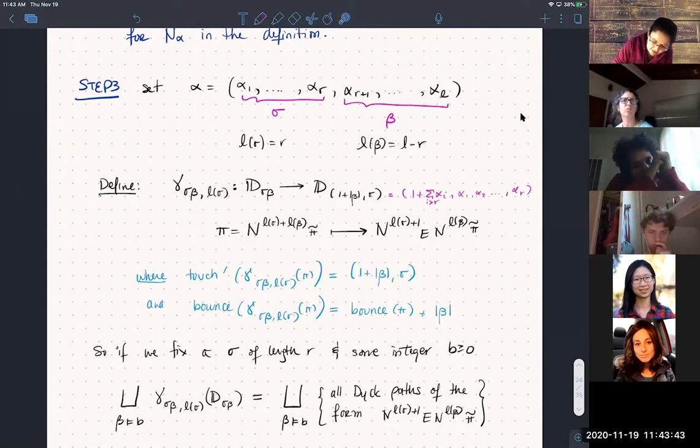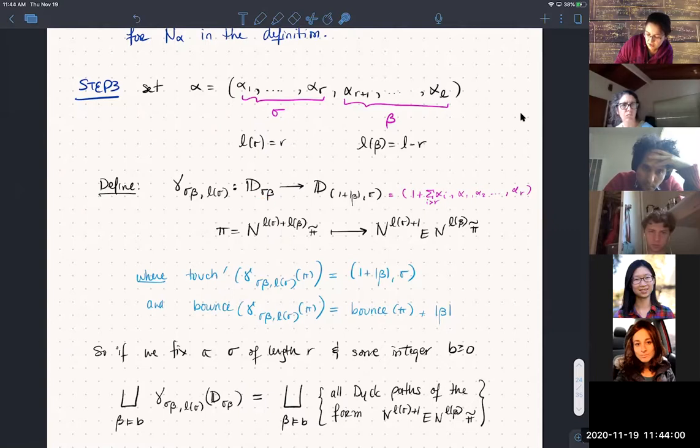And the way you're going to get this map is you're going to take a dict path here, which is precisely characterized by the fact that it starts with as many north steps as the length of the touch composition. So the length of this touch composition is L of sigma plus L of beta, which is really L, but I'm just explicitly writing it out.